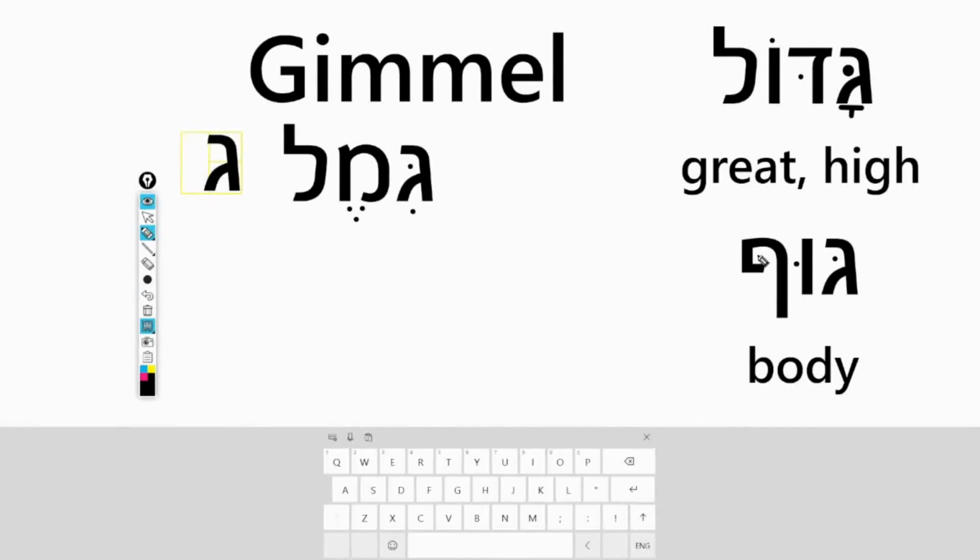And it does not have the dagesh, so the sound is not pa, but it's fa, the fricative sound. So this word would be goof, and goof means body.